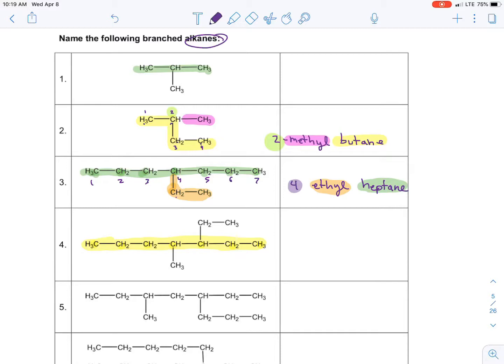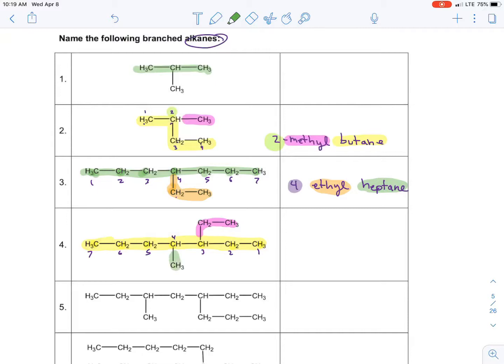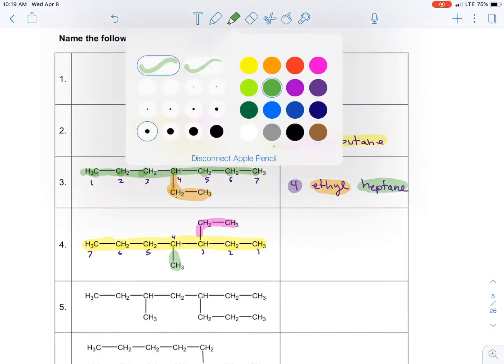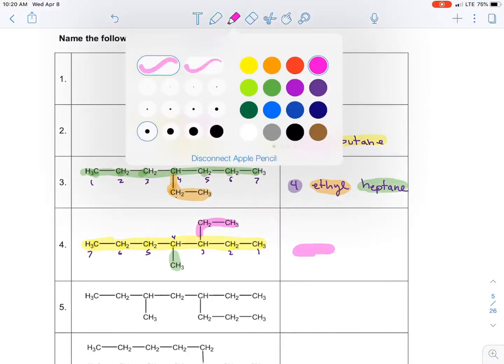Side with the action. Carbon number 1, number 2, number 3, number 4, number 5, number 6, number 7. Ooh, look what we have here. 2 carbons. Look what we have down here. 1 carbon. So we're going to have a number and then that one branch.